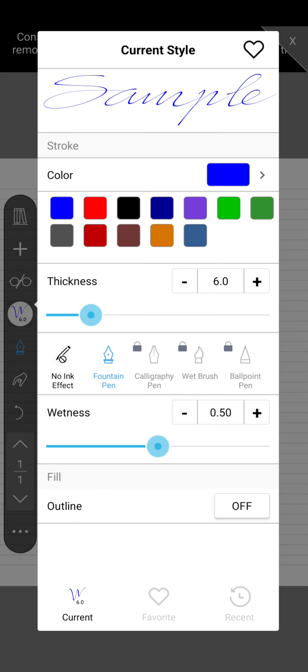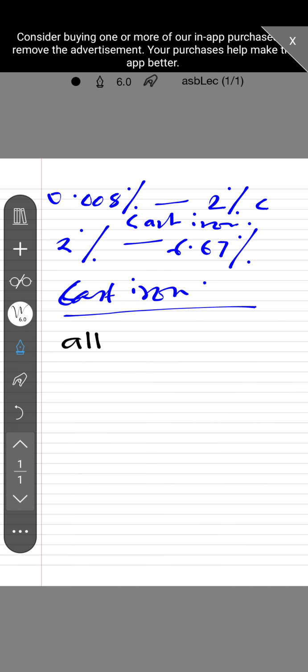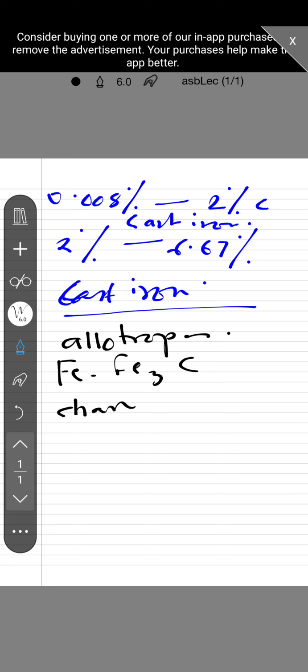Different allotropes of carbon, of Fe3C, are formed here, and the changes taking place due to this percentage of carbon and temperature bring a change in the crystal structure. So let's discuss some of the changes.